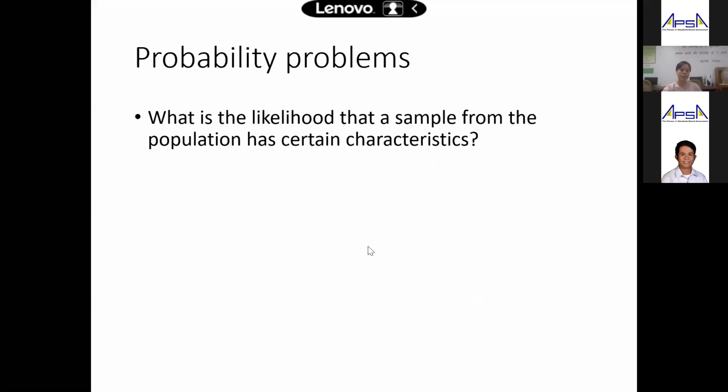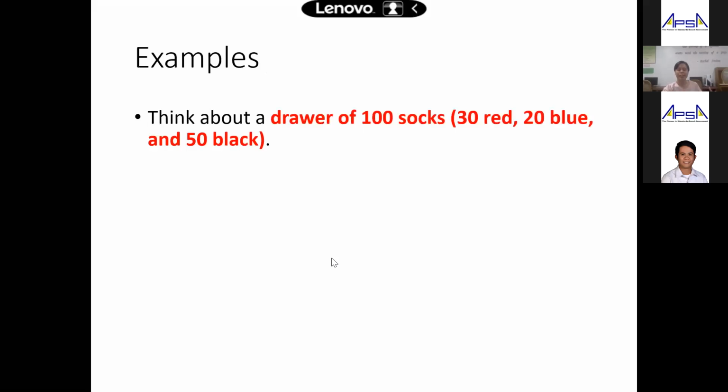For probability, the main question is, what is the likelihood that a sample from the population has certain characteristics? Okay? But I have an example to make this easier to understand. O ganito na lang.